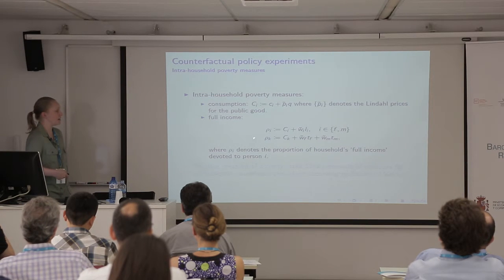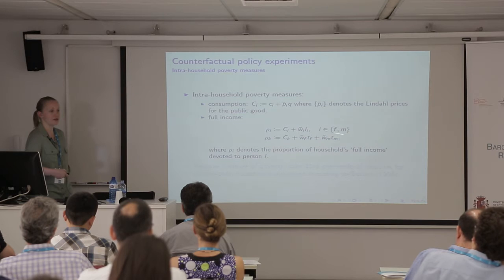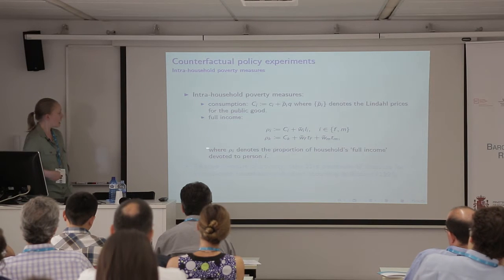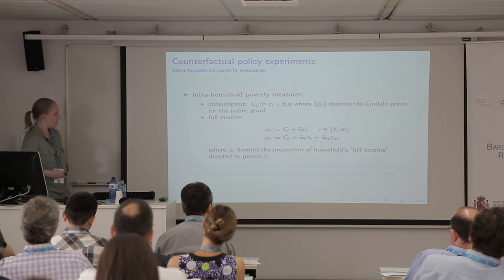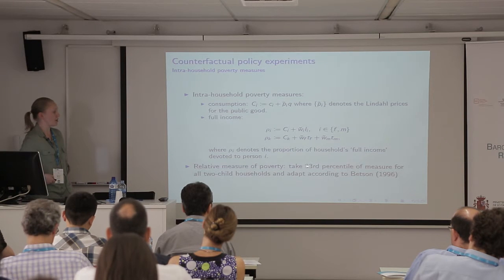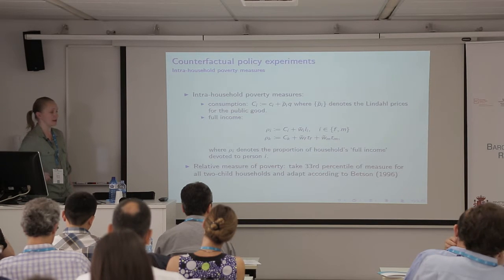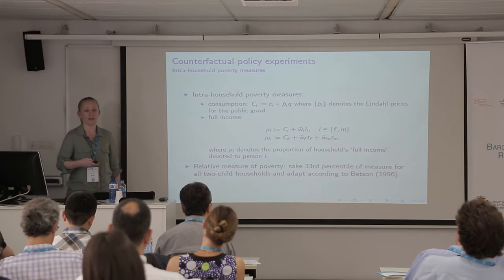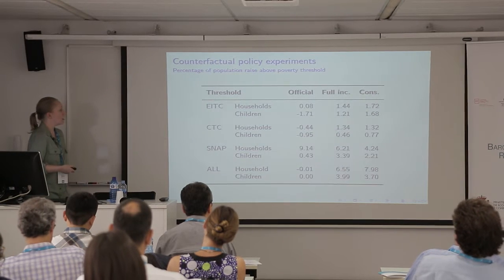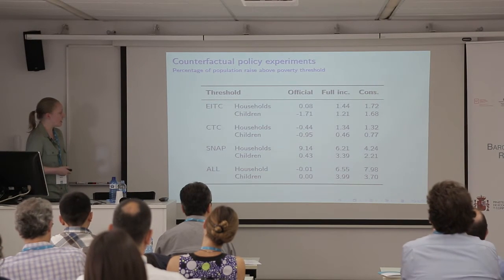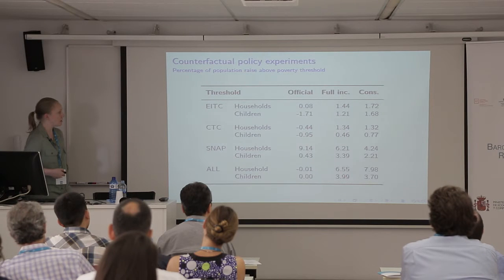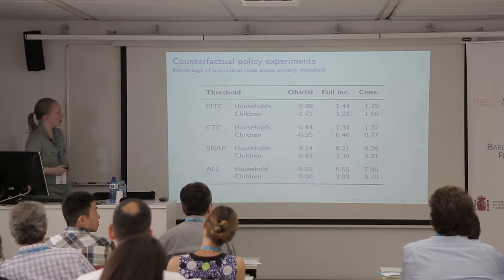And then similarly, for the child, we can derive something of a similar nature. And then what I do is I take the 33rd percentile of this across the population for all two-child households and then adapt according to the Benson equivalence scales.